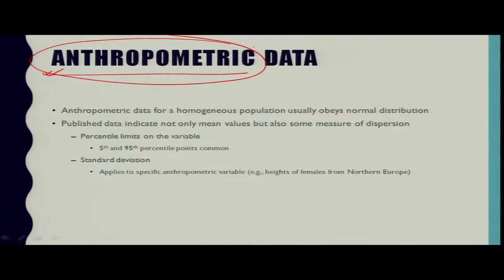Changes in lifestyle, nutrition and ethnic composition of populations lead to changes in the distribution of body dimensions. Because of this variation, the analysis is becoming more complex as the days pass. So it also requires regular updating of anthropometric data collection.